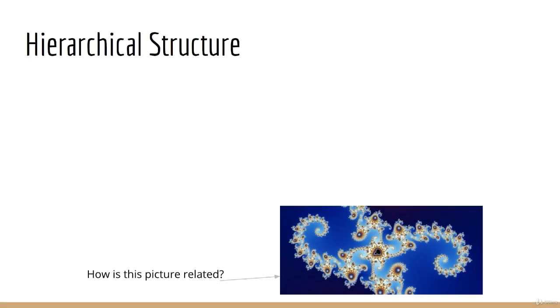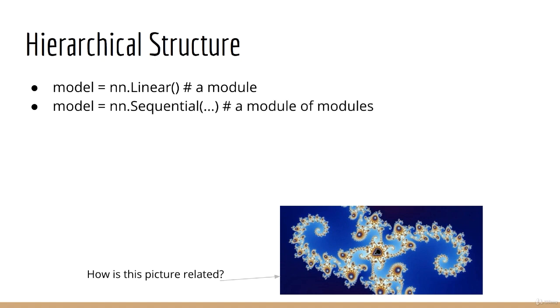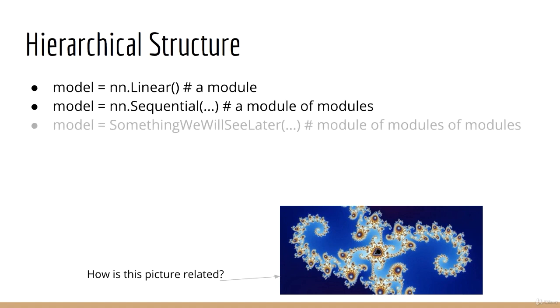One interesting consequence of everything being a module and models being modules is that there's this hierarchical structure. The first model we saw in this course was just a linear module. Then we saw that we could stack linear layers together in a sequential object, which is a module of modules. That's also a model. Later, you'll see that we can repeat this pattern so that our model is a module of modules of modules.